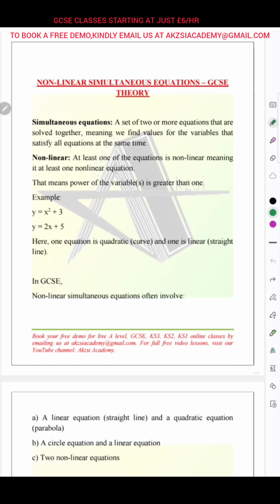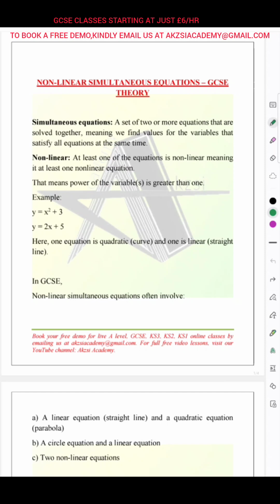In your syllabus, generally the equation is either a quadratic equation or a circle equation, and they will give you any one of them. That's the most common that you will find. But in other cases, it can be a cubic equation, or any sort of equation.